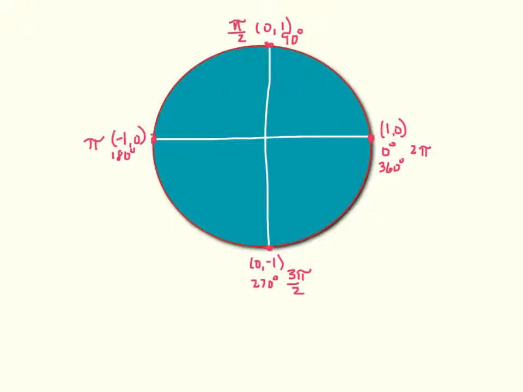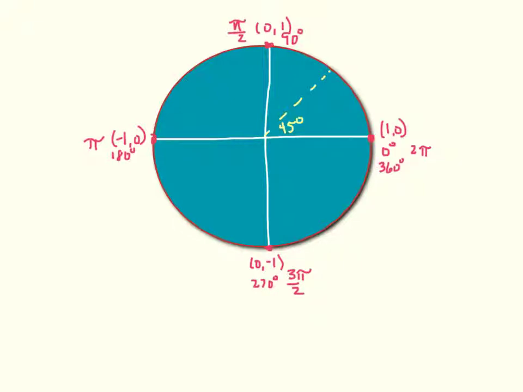Now we're going to count by 45 degrees to find some more points on this circle. If I go 45 degrees, I'm right in between 0 and 90.